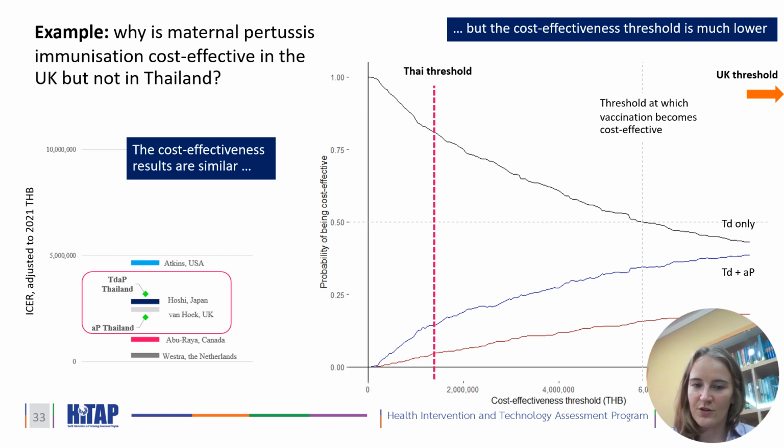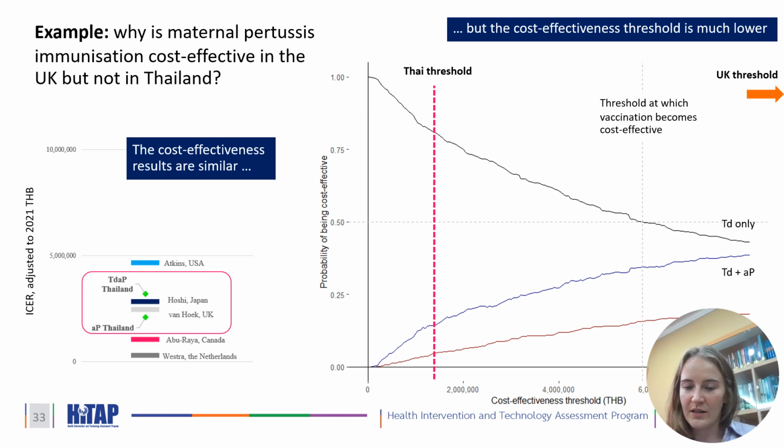So this chart shows, on the y-axis, the probability that each of the interventions is cost effective. The black line kind of coming down is the comparator, the existing situation in Thailand at the moment, which is maternal immunisation with tetanus diphtheria. We considered 2 different types of maternal pertussis vaccination.